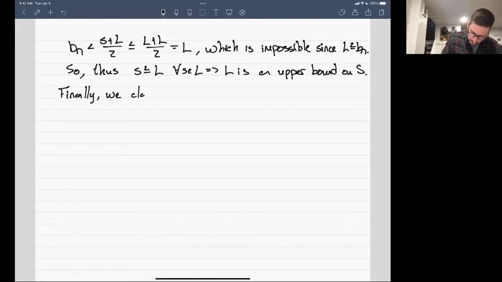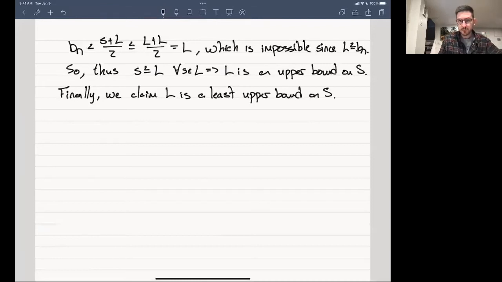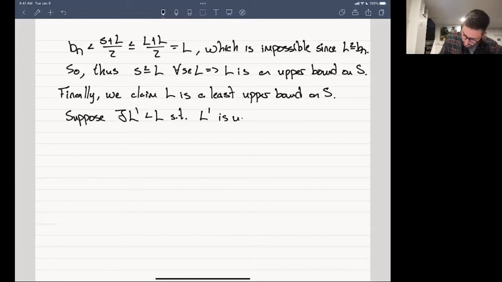So we claim L is a least upper bound on S. Well, suppose there exists some L prime less than L such that L prime is an upper bound on S. Again, we can follow similarly as above.